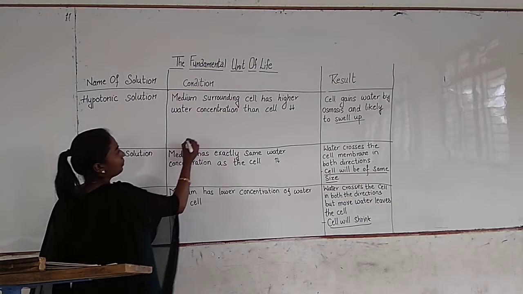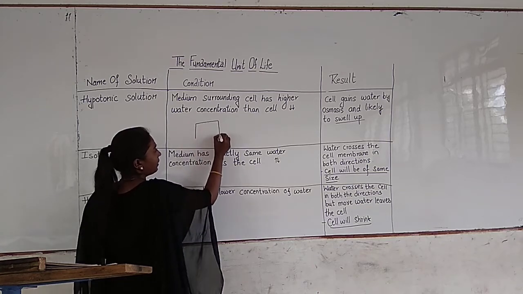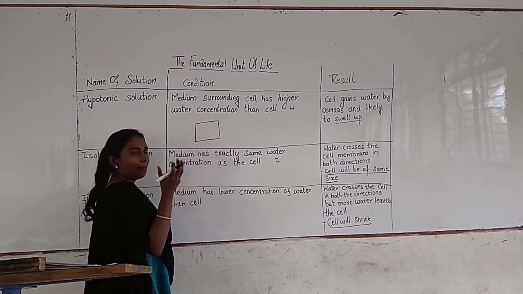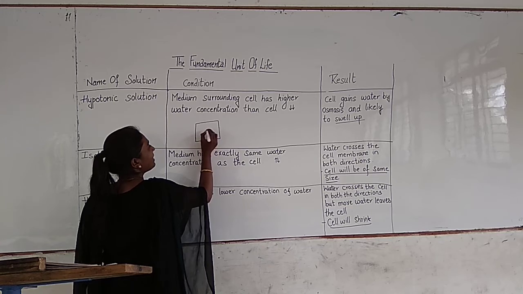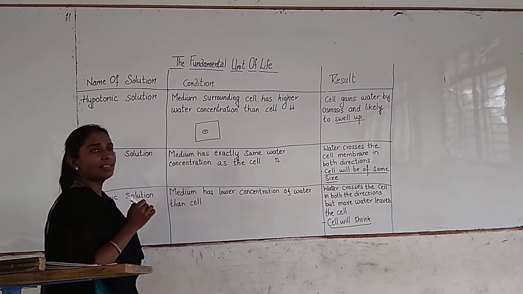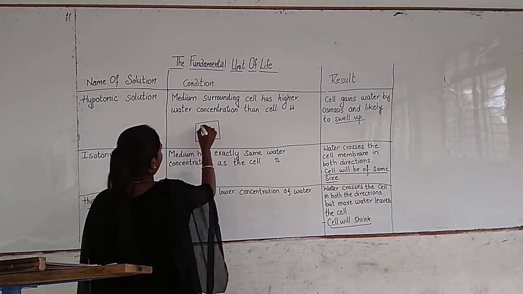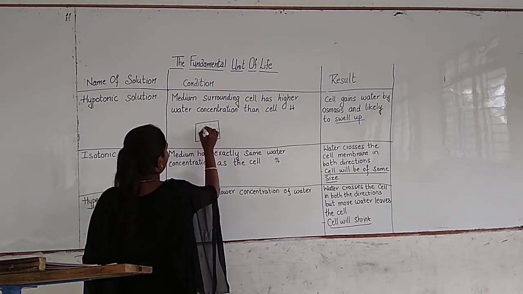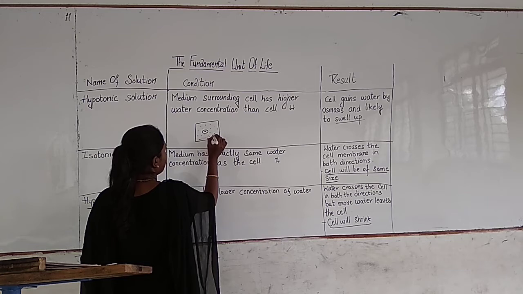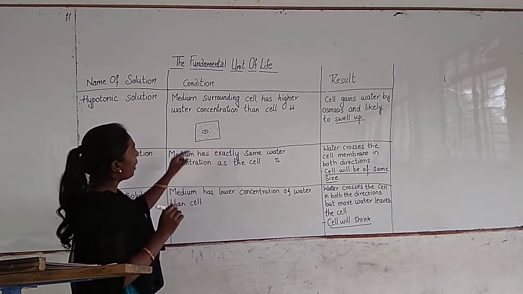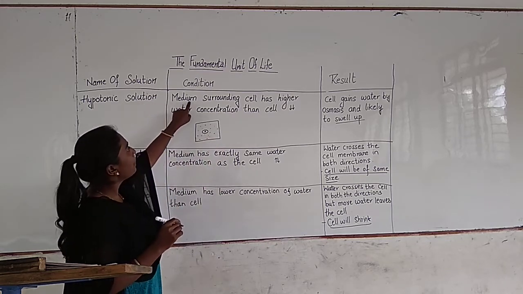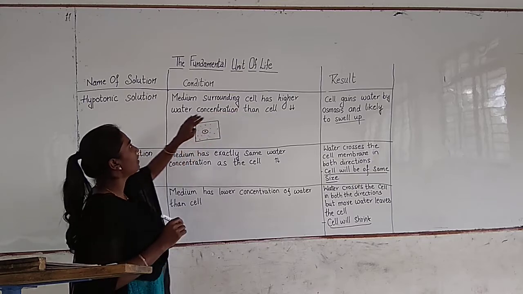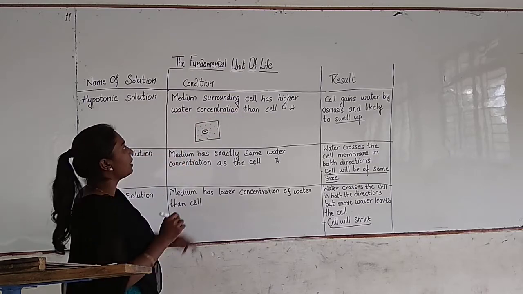As I said, you take a plate or a bowl, place a single cell in it. So this is the water. Now what will happen? The medium surrounding the cell has higher water concentration than the cell.